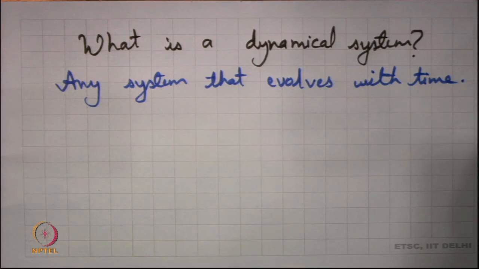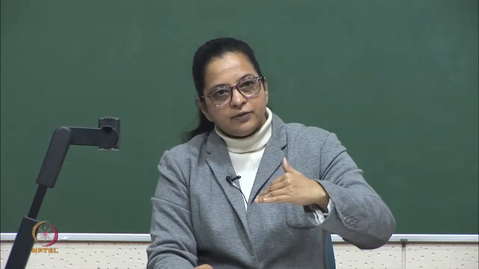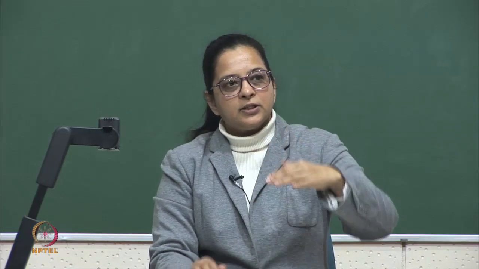Now, any system evolving with time, that means we are looking at time as a parameter. Time continuously changes, and any system which evolves with time can be considered to be a dynamical system.